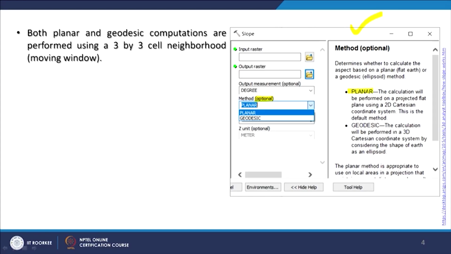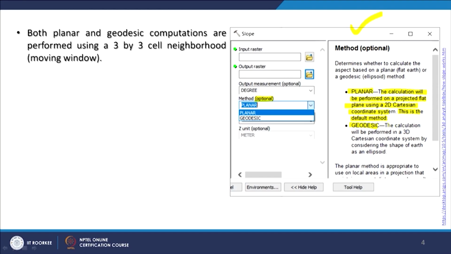The two methods as we are discussing are introduced. In the planar method, the calculation will be performed on a projected flat plane. So, your data, which of course represents 3-dimensional data, a digital elevation model, is projected on a 2D coordinate system and then calculated, and of course this is the default setting in most of the softwares.